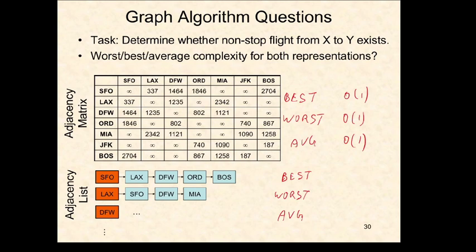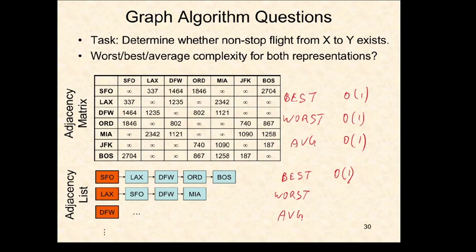Now, what about the adjacency list? Let's say that right now flights are starting to disappear. In the best case, I say, can I go from SFO to, oh, I got lucky, it's at the head of the list. So the best case is O of 1 because there it is, at the head of the list.